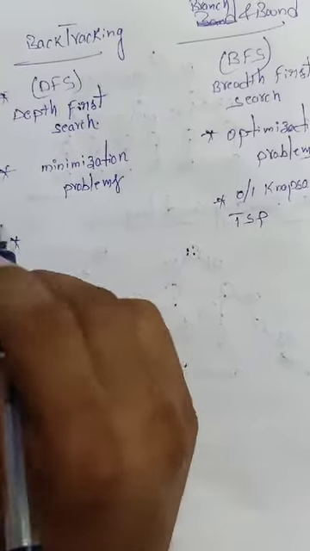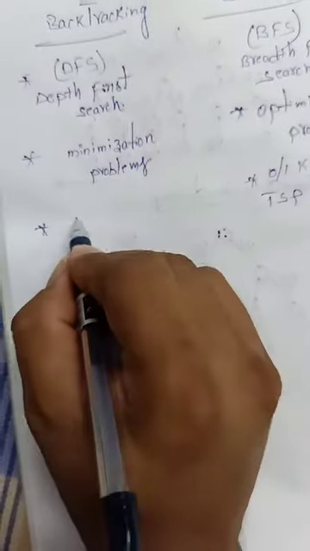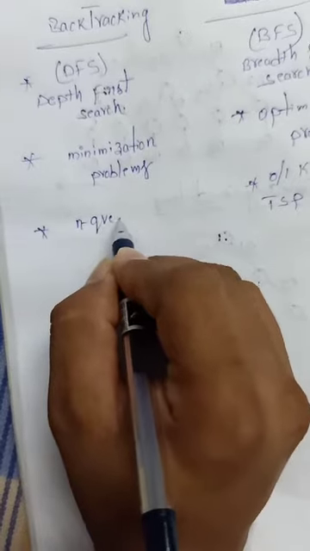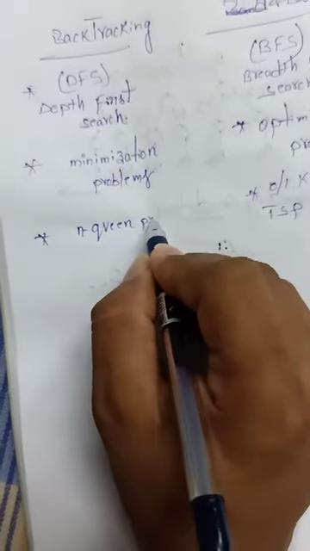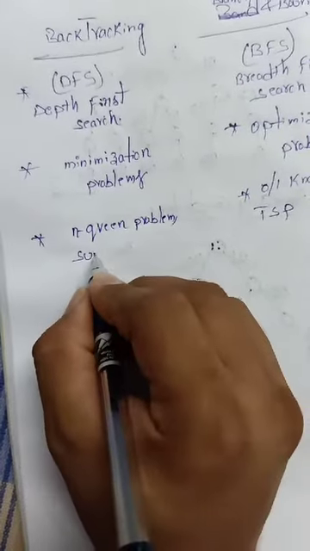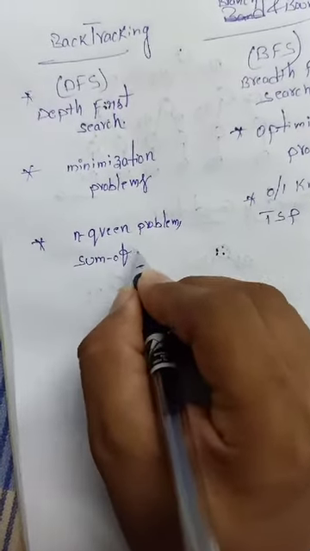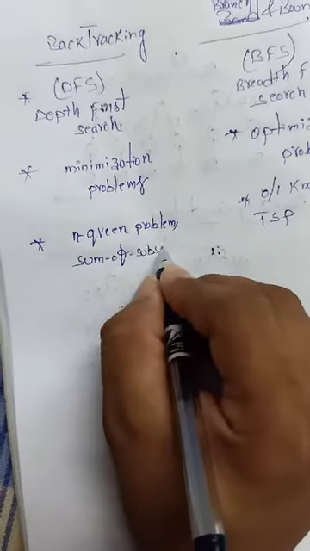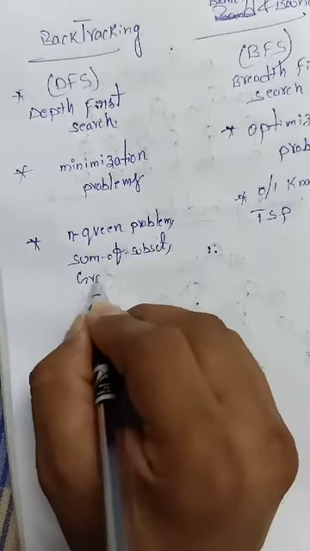In backtracking we have problems like the n queen problem, sum of subset problem, graph coloring.